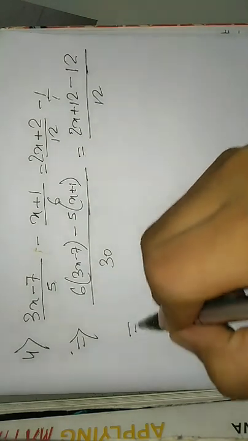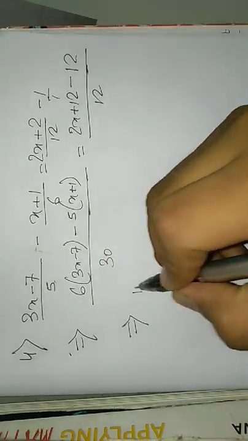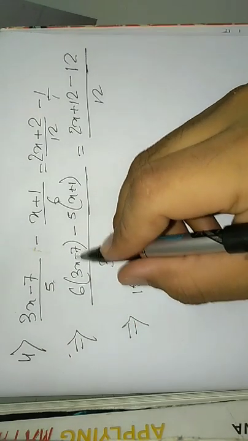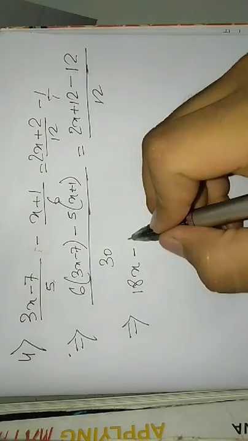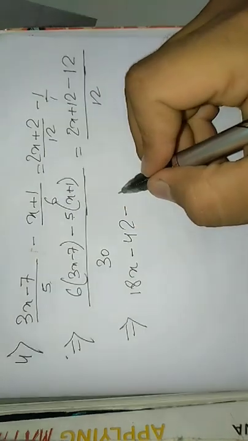Okay. So now you will expand this. 6 3s are 18x, plus 6 into minus 7 is minus 42, minus 5 into x is 5x.